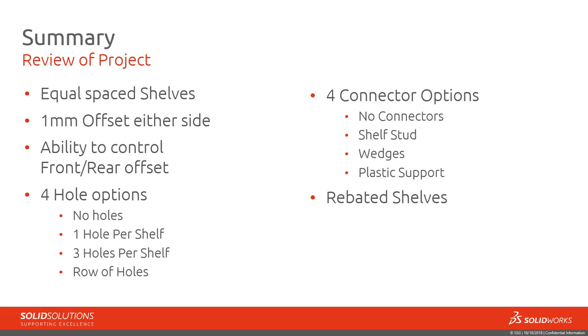So we've set up some equally spaced shelves with 1mm offsets on either side. And we've also allowed for the ability to control the front and rear offsets, as I mentioned back at the beginning, in case we wanted to put any electrical cabling down the back of the cabinet. On top of that, we've got several options with regards to the holes and the connectors that are to be used, as well as the extra of the rebated shelf.